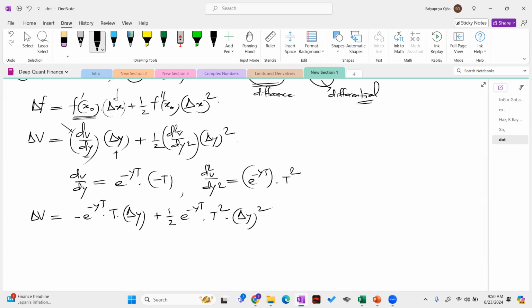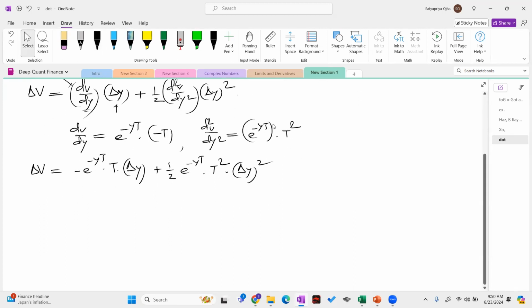Is it clear? Does this look good? Okay, cool. I can do something else. This is the beauty of having exponentials because it keeps reoccurring. This e to the power minus yt is the original v.